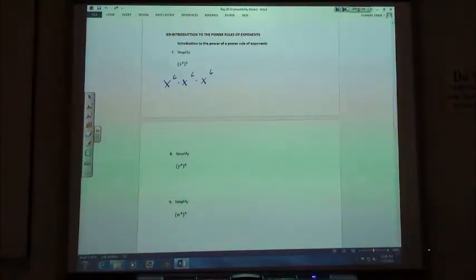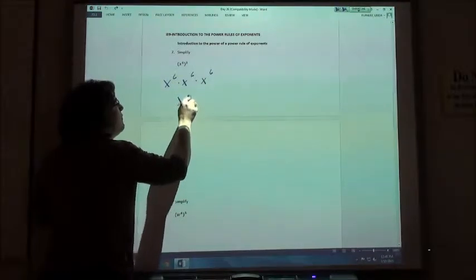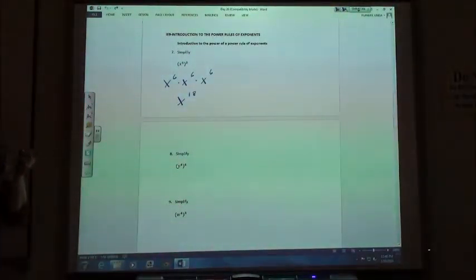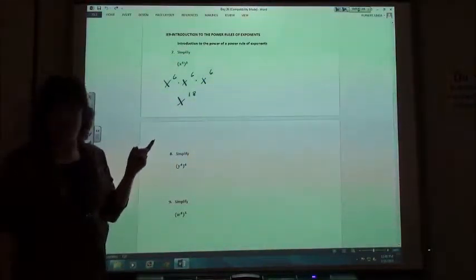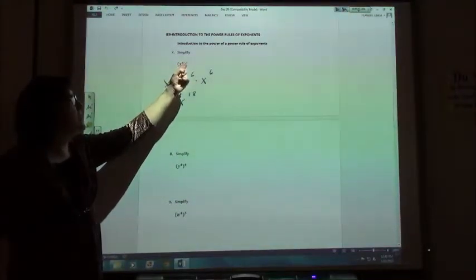If I follow my rule I just learned on the previous ones, it then says I'm going to add my exponents. 6 plus 6 plus 6 would give me 18. So the shortcut there, do you recognize what the shortcut is? What happens when I do 6 times 3?